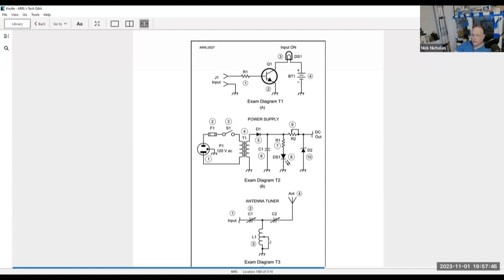This one has a tuning coil, but sometimes they're switched to go in different positions here. This is an inductor going to ground. And then there's another capacitor, and that capacitor is the output or antenna tuning capacitor.